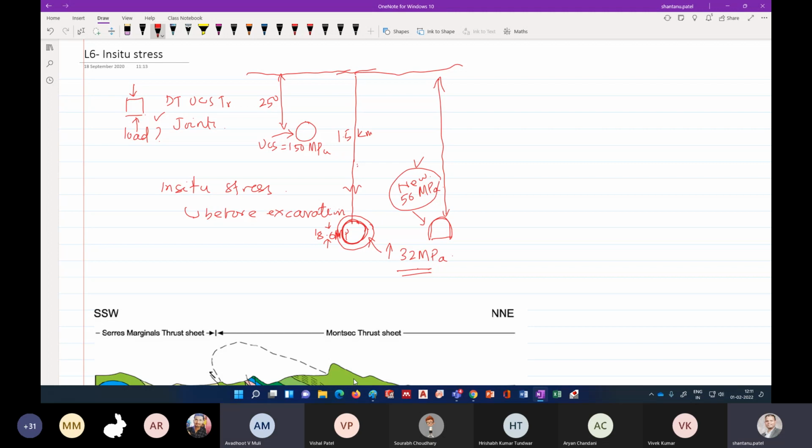So there are basically three things. One is the rock properties. The second one is the in situ stress. And the third one is the excavation geometry.